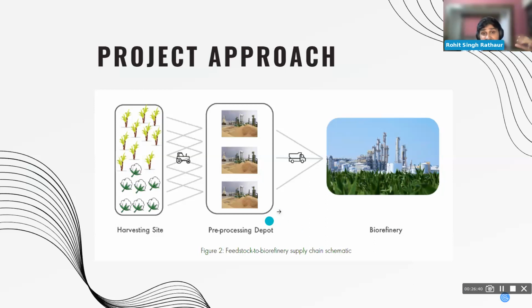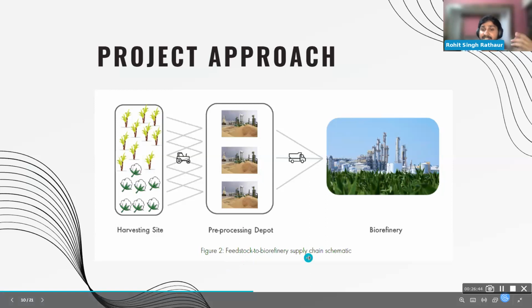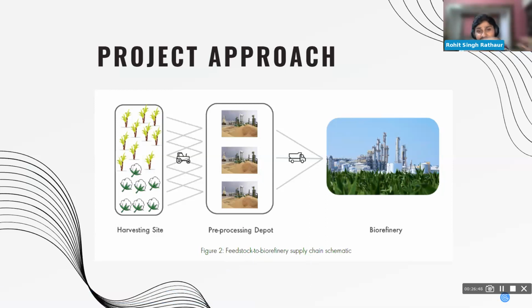At each harvesting site, biomass availability can be forecast using historical data, and external parameters such as weather, rainfall, or government regulations may also influence biomass production.